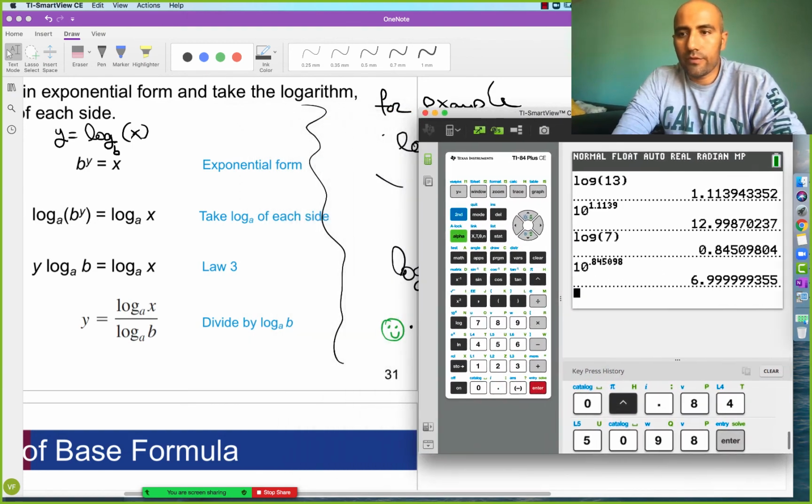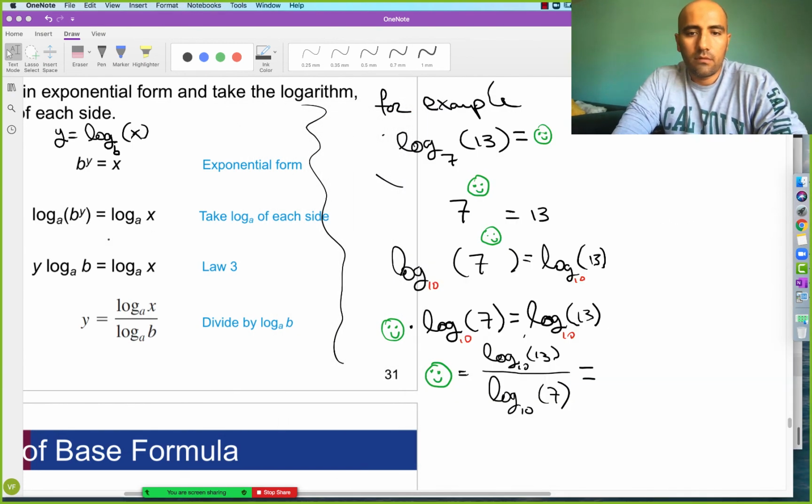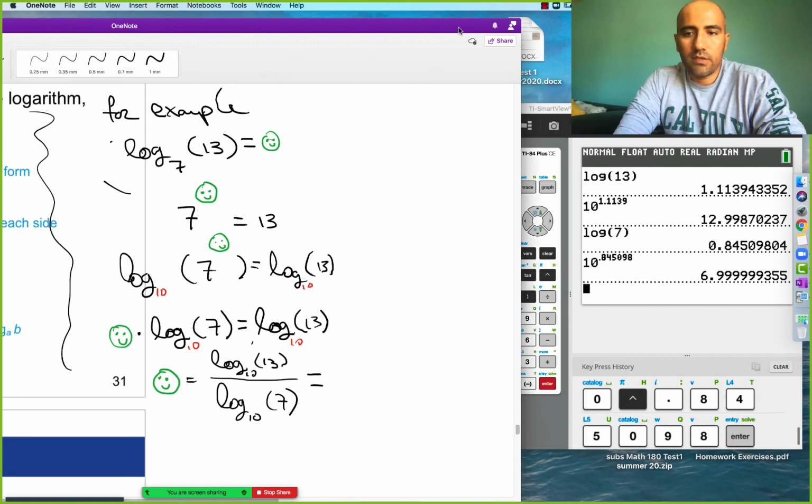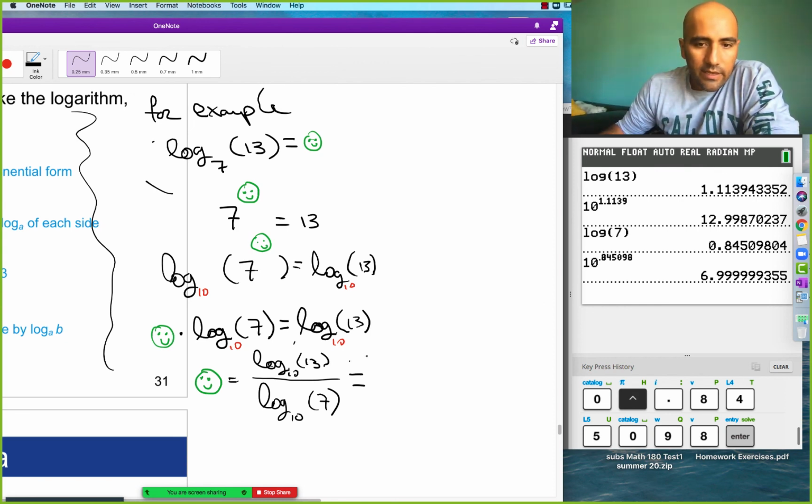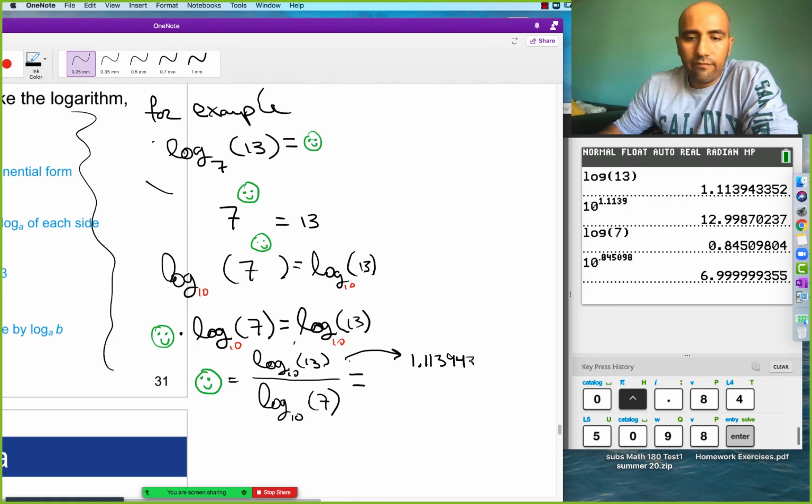Let's move it over here. And then we can scoot this guy over here for now. Okay, so from our calculator, we can see that this numerator is going to be the decimal 1.113939433352 divided by log base 10 of 7, which is this decimal, 0.845098, right?